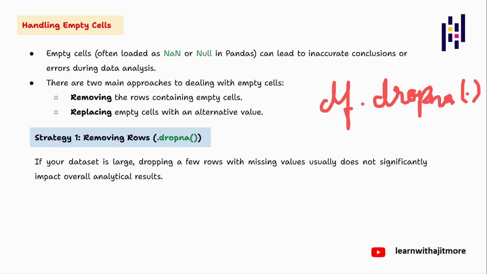You can pass one keyword parameter called inplace to this dropna. If you do inplace equal to True, it will not return a new data frame. Instead, it will do the changes in the original data frame. So both provisions are there. We will see practically as well.